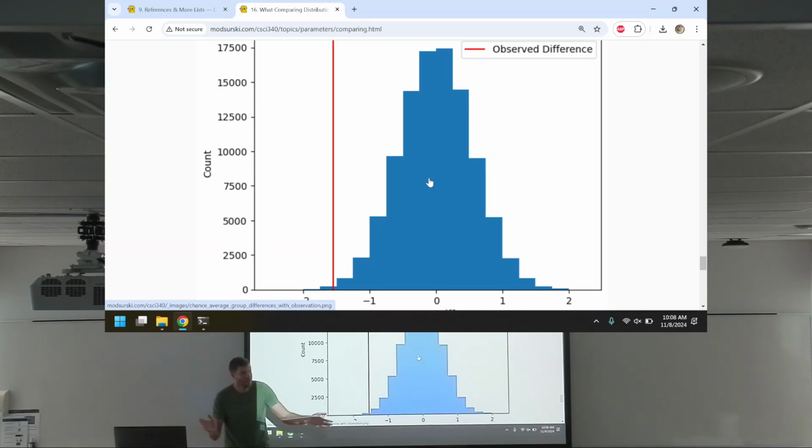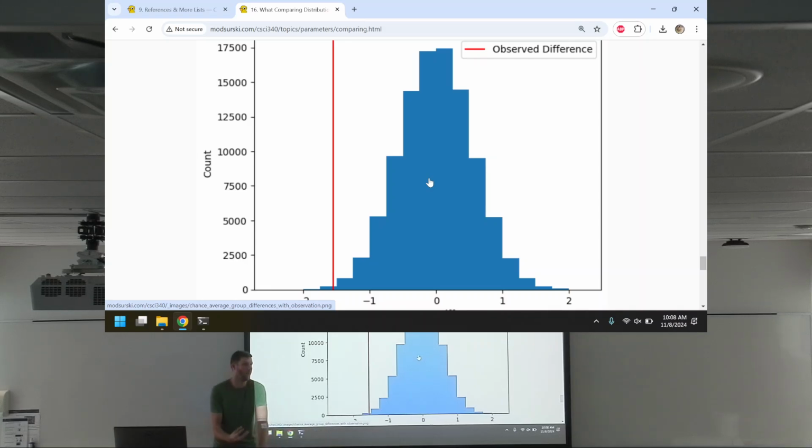It could have happened, right? I'm rolling the dice, it could happen. But we're certainly way more likely by chance to have a difference in recovery time of 0, but I didn't see a difference of 0. I saw it over here. And very few of the by chance observations happened at that time or better.